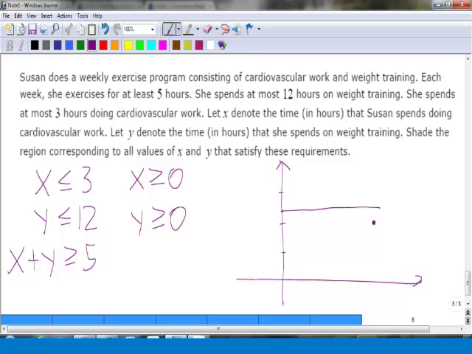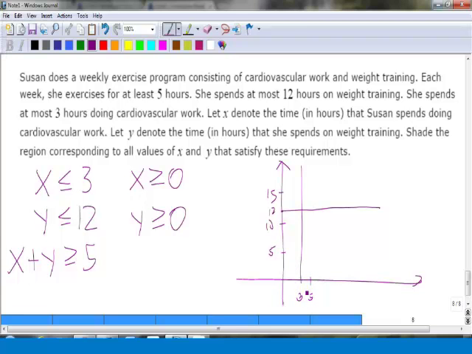X is less than or equal to 3. So on the same scale, if that's 5, then 3 would be about right there. So there's the vertical line, X equals 3. And it's got to be to the left of that.